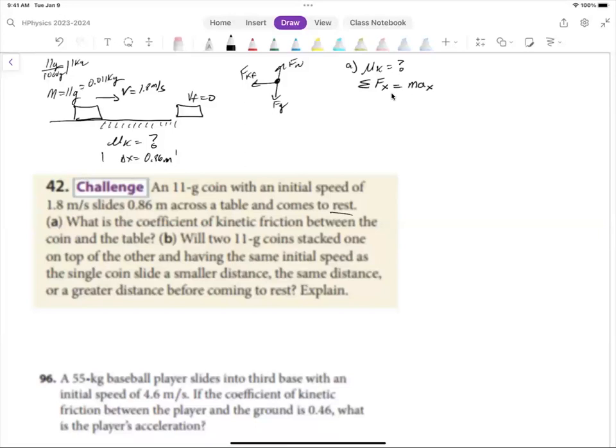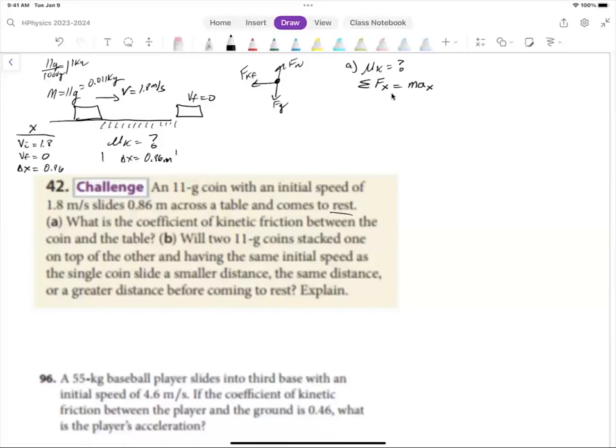They didn't tell me this was traveling at a constant speed. They actually told me that it was slowing down and coming to a stop. So there is an acceleration, and we were not given the acceleration, but we have enough information to solve for the acceleration. Velocity initial was 1.8, velocity final is equal to 0, and delta x is equal to 0.86.